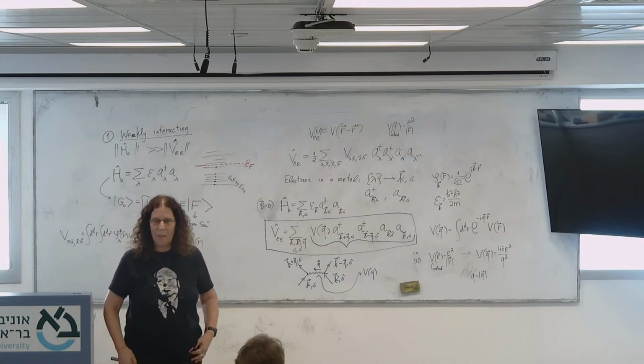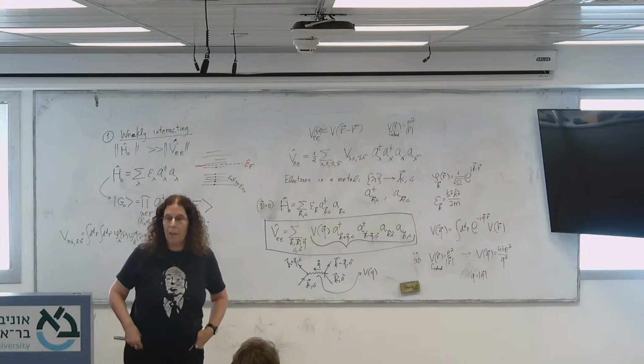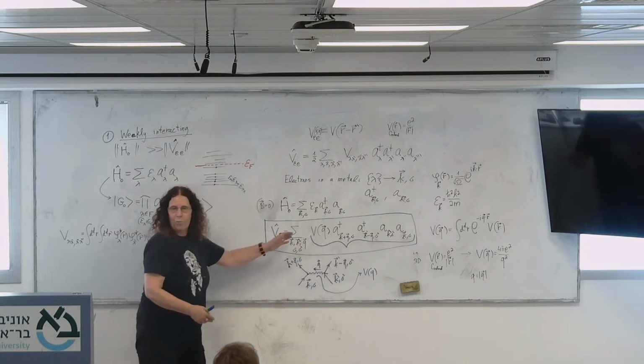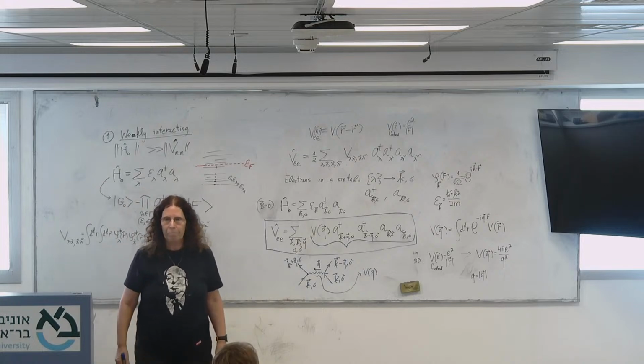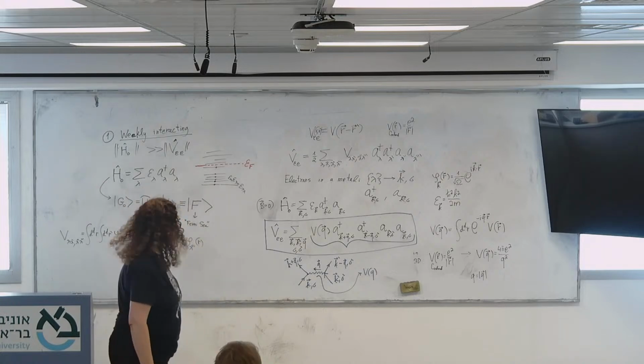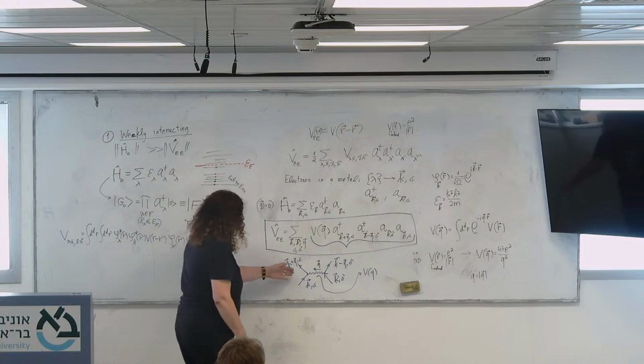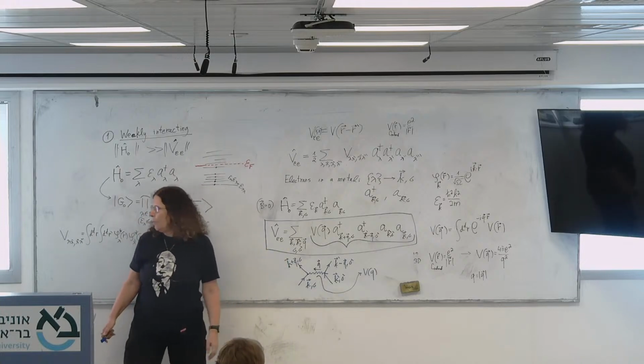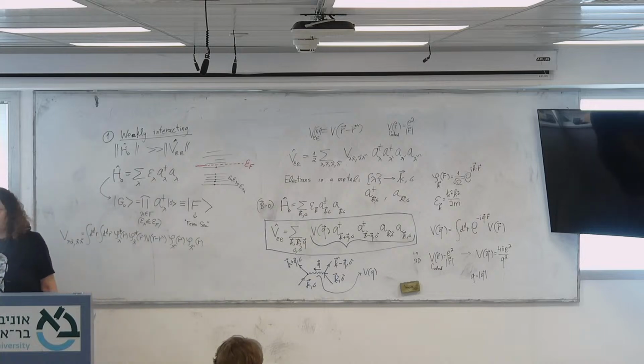Okay? It's very useful. At the moment, it's just a pictorial description of what I wrote in the formula. And this is an example of Feynman diagrams. This is what Feynman developed, among other things.